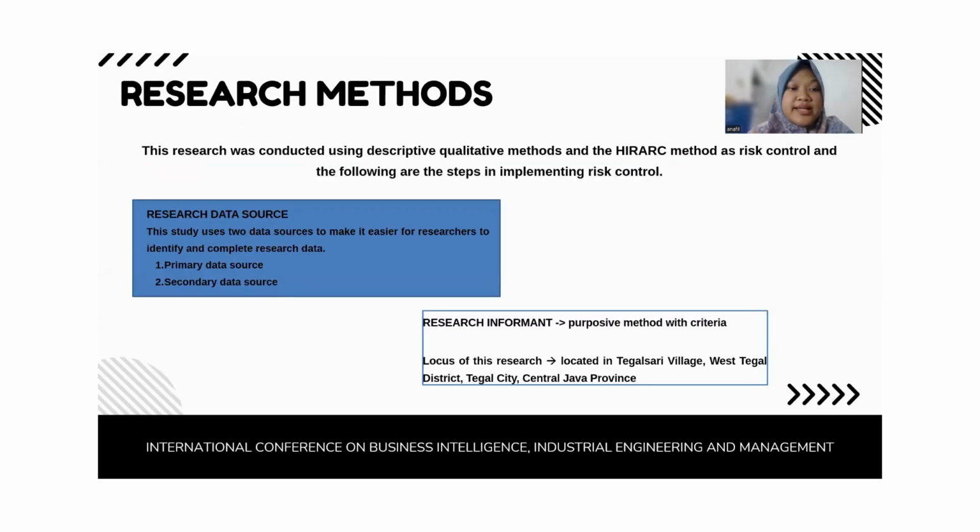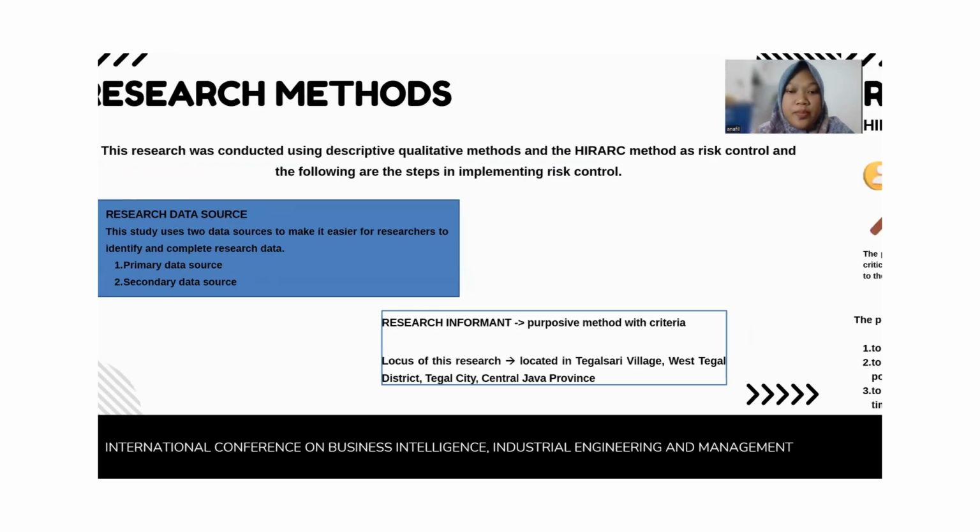In the study we use 2 data sources: the first one is the primary data source and the second is the secondary data source. To choose our informants, we used the purposive method with some criteria.